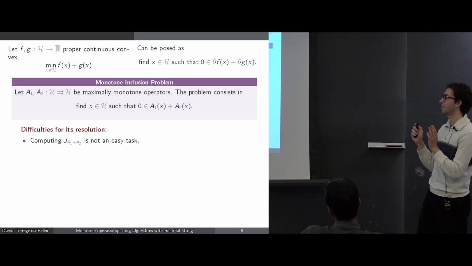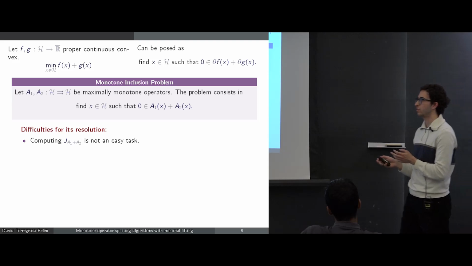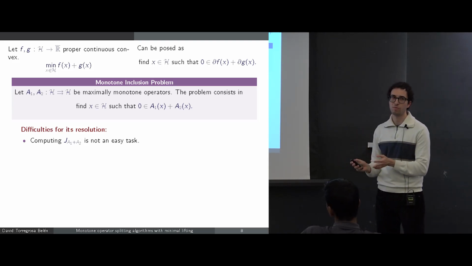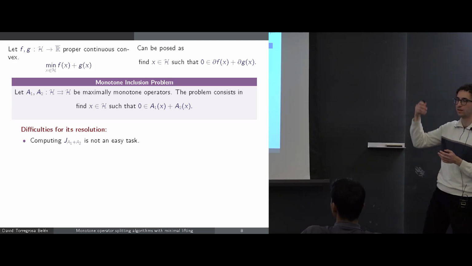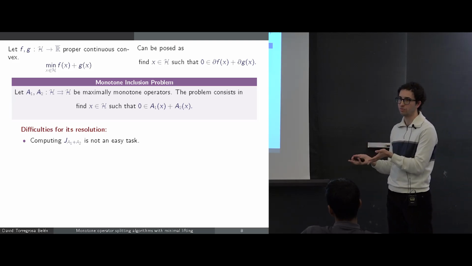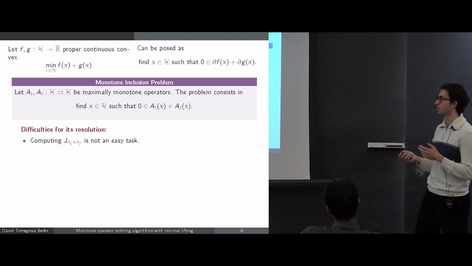The second is that, in order to apply the proximal point algorithm, you need the resolvent of the sum of the two operators, and resolvents are in general not easy to compute. In practice you have a selection of operators for which you know how to compute their resolvents, and you can only use those. So you don't want to get resolvents of the sum, because maybe you don't have formulas.